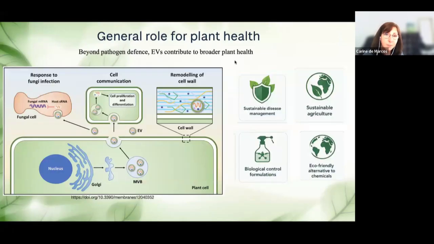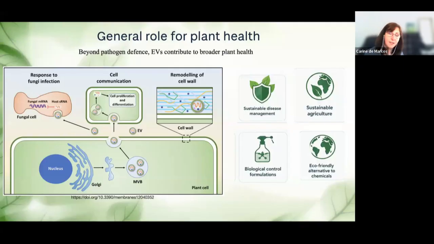So this is very important for plant health as well, not only for biomedical, clinical and cosmetic uses, but it's also important for plant health. As I said, response to infection, but also cell communication within the whole plant and cell wall remodeling, so adaptation to environmental factors.